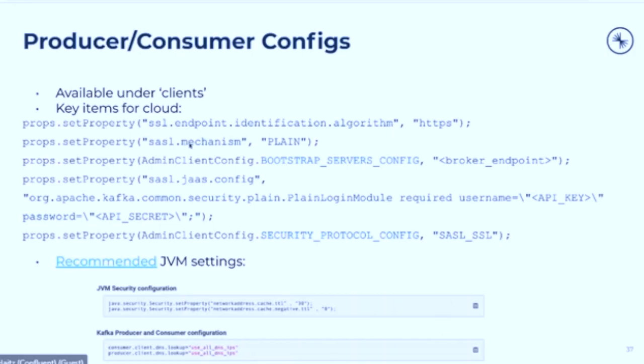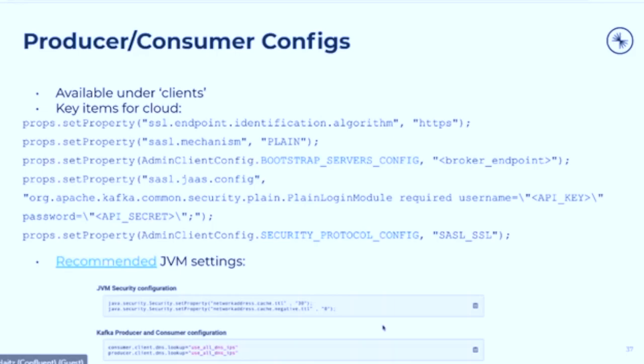So the mechanism with which you connect to Confluent Cloud, the SASL mechanism is plain, and what you fundamentally provide here is an API key, which is the username, and then an API secret, which is the password, which then should usually be rotated frequently to avoid any stale credentials. And of course, the entire interaction between the clients and the clusters are SSL encrypted.